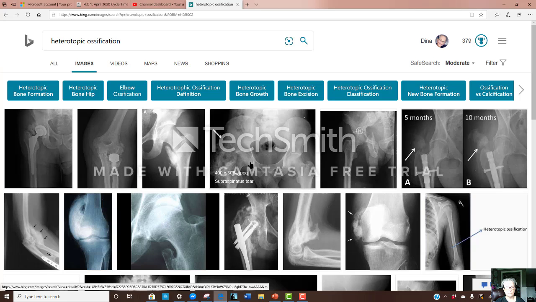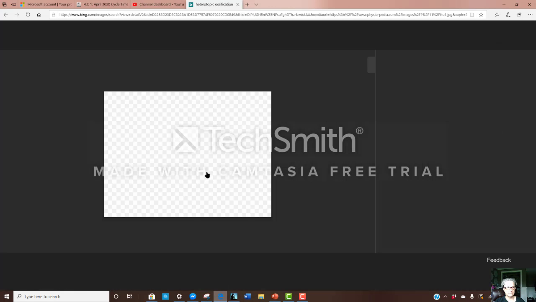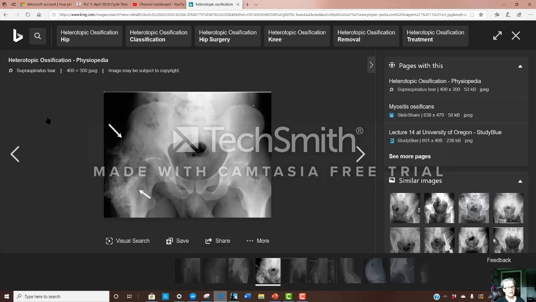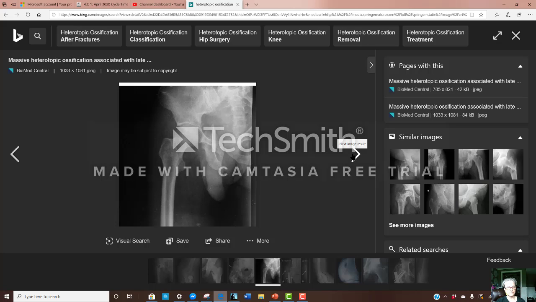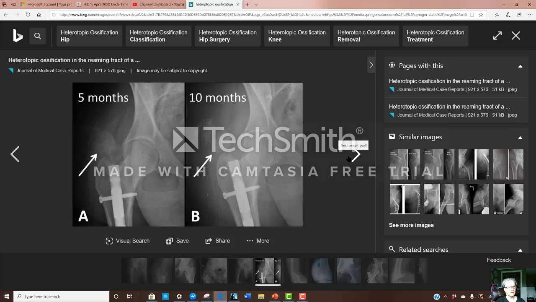Ooh, that doesn't look good at all. Okay, here we go. Heterotopic ossification on imaging. Massive heterotopic ossification. Wow, that's no good. 5 months, 10 months. Heterotopic ossification here and here.